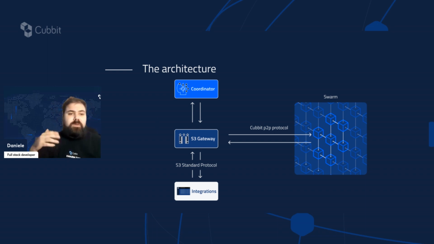This process happens automatically every second, moving a lot of data across the swarm. The swarm is the way we call the set of Cubbit cells that compose a network. And all this data keeps moving to remain safe and available to our clients, giving us outstanding security and availability of our data.